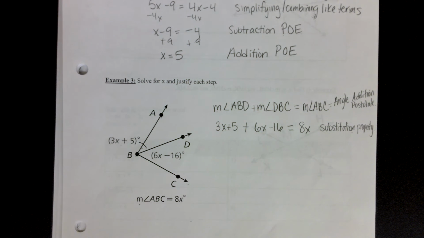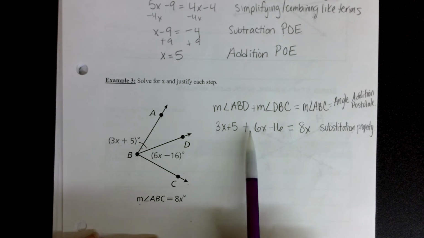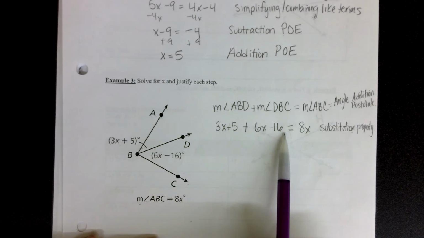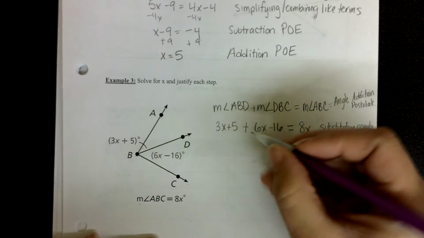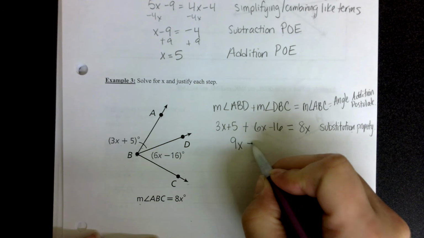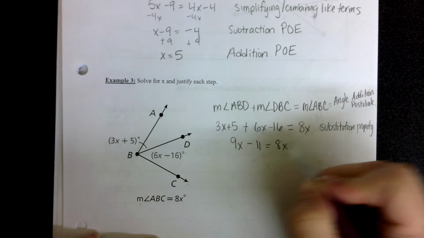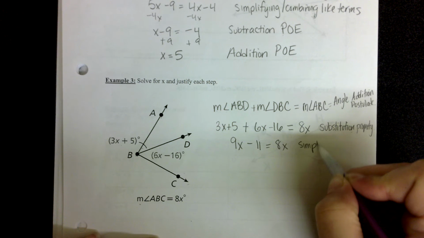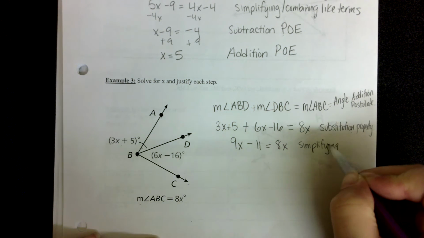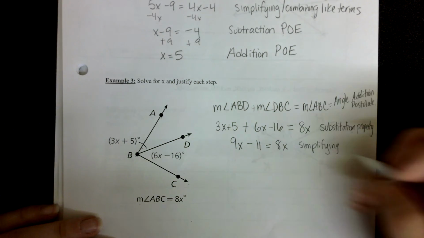So then we're going to simplify and combine our like terms, because again, on this side of the equation, we have 3x plus 5 plus 6x minus 16. So that's going to turn into 9x minus 11 equals 8x. And again, that was simplifying, or combining like terms.